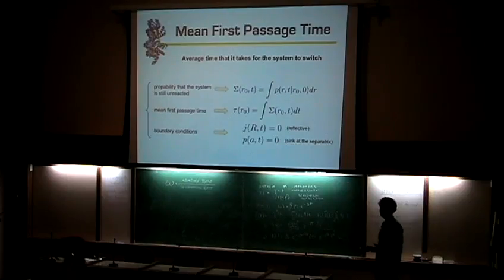This switching time is important because it's what really measures whether your system is truly bistable. What people understand by bistable is that you have two different solutions, and the time it takes for switching between them must be really long compared to any other time scale involved in the system, right? That's what a bistable system is.